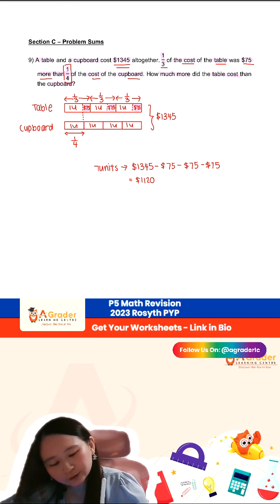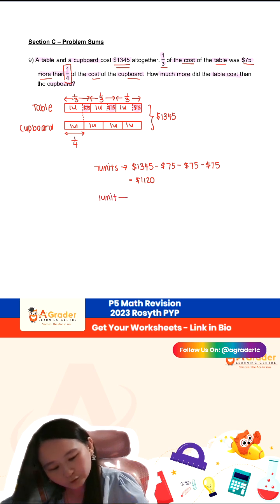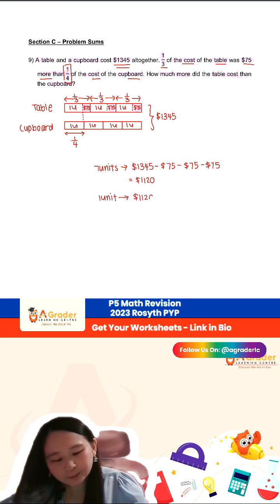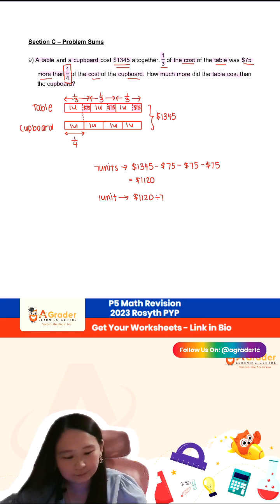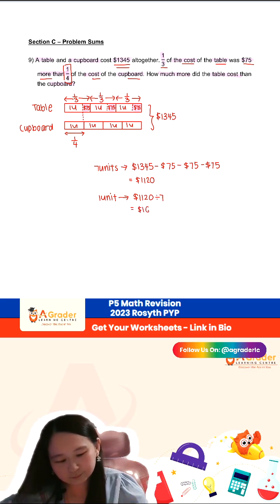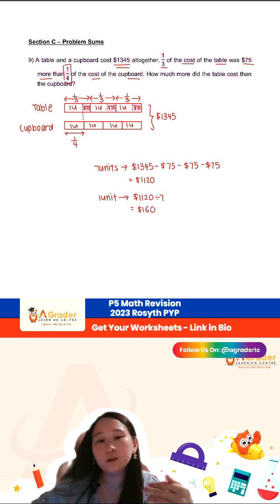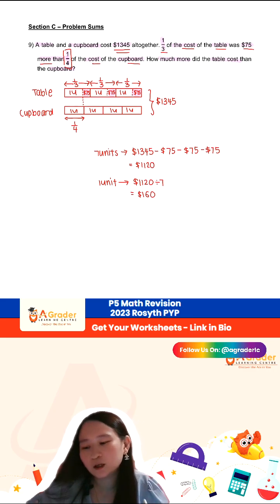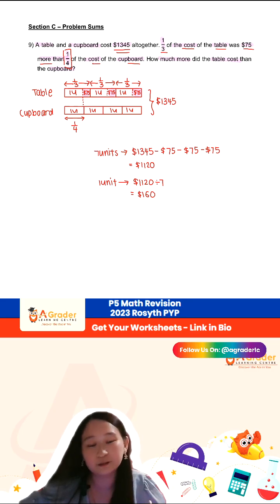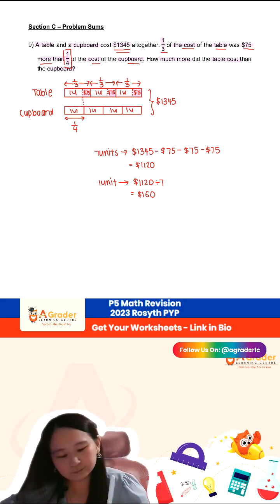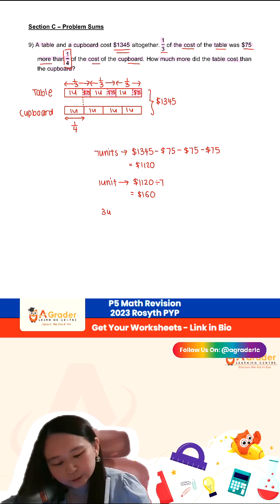Then always find 1 unit first. To find 1 unit, I have to divide by 7. So with 1 unit, I can find the cost of the table and the cupboard. After finding the cost of the table and the cupboard, then I find that difference. For table, there's 3 units, so I need to find 3 units first.